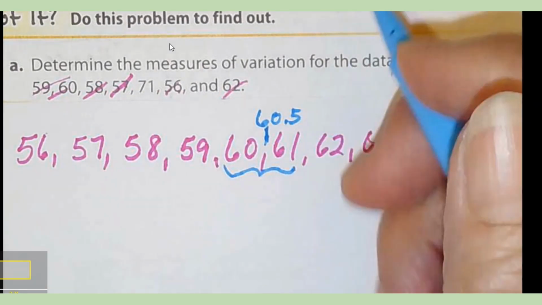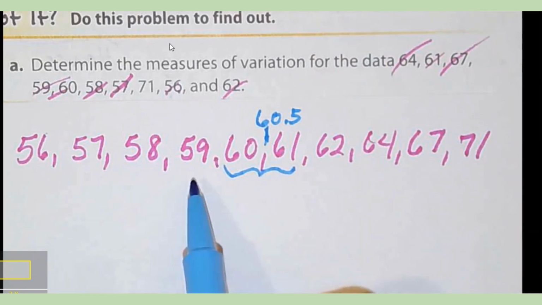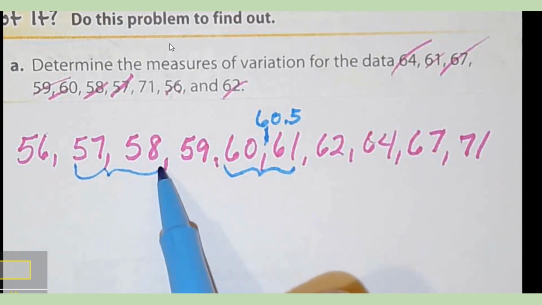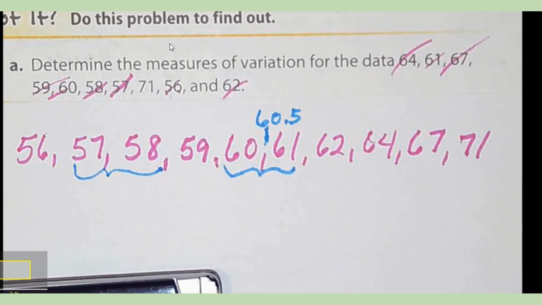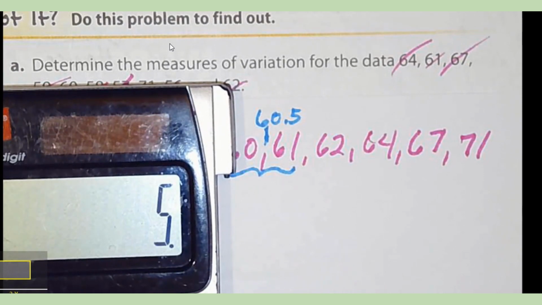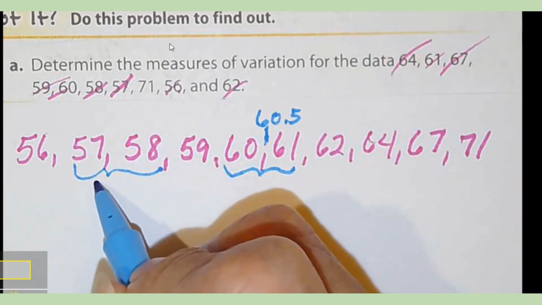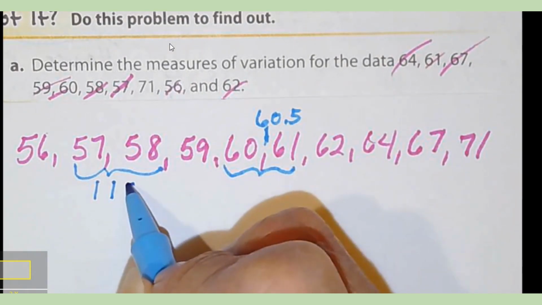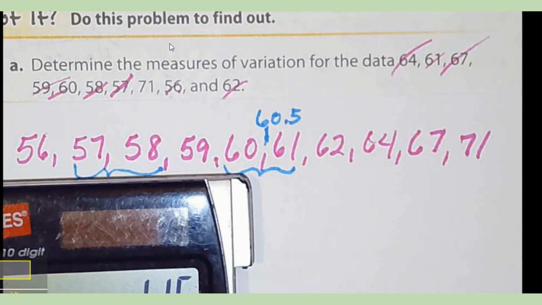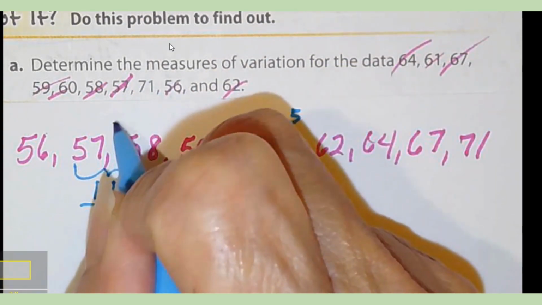So I take these two here to find my first quartile. 57 plus 58 equals 115 divided by 2, because you have to total both of those, is 57.5.